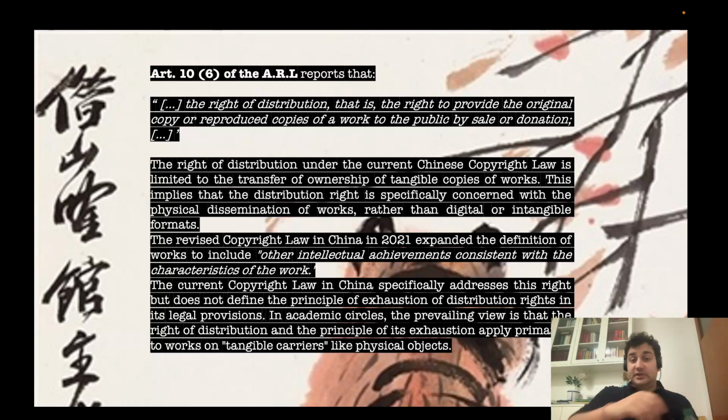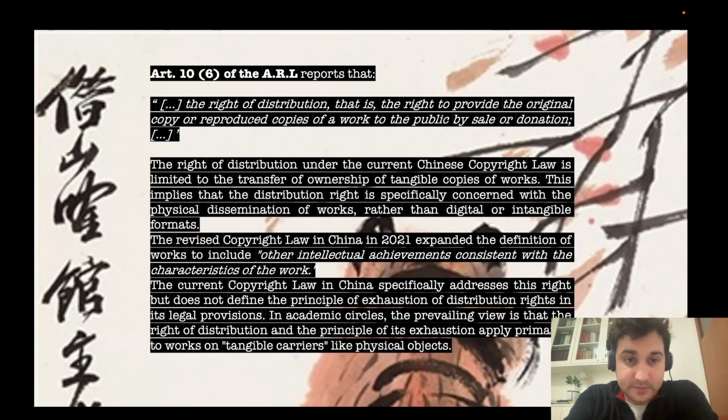The right of distribution under current Chinese copyright law is limited to the transfer of ownership of tangible copies of works. This implies that the right is specifically concerned with the physical dissemination of works rather than digital or intangible formats.